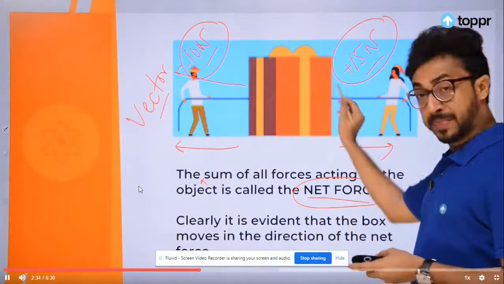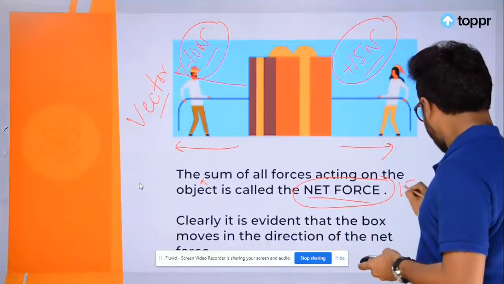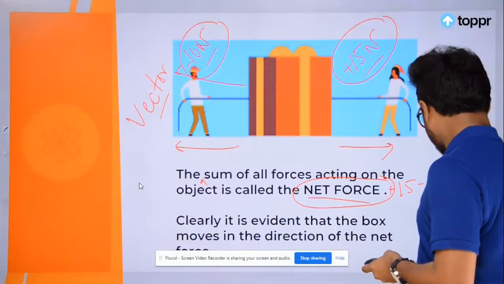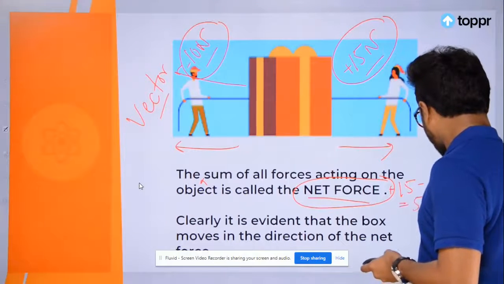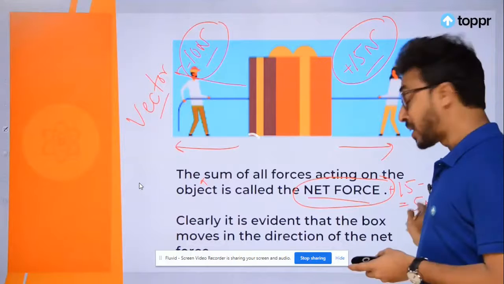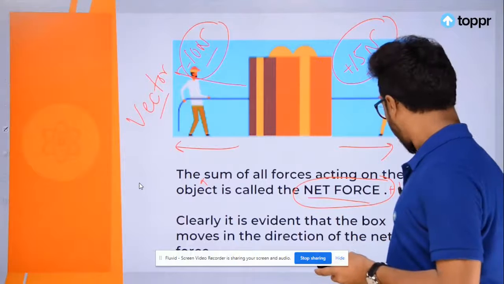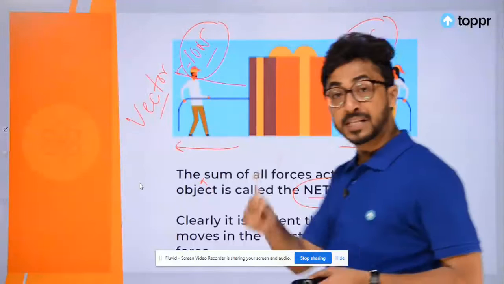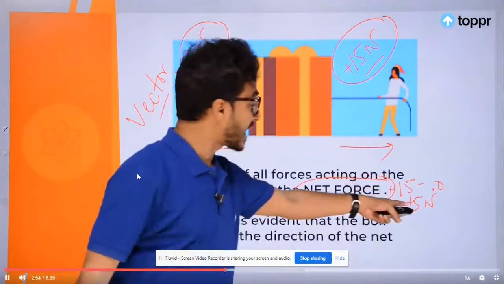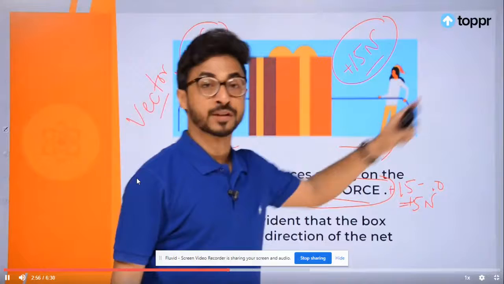So in this case, the net force will be 15 minus 10, that is 5 Newton. So 5 Newton is the value, and what is the sign? That is plus. Now this plus sign signifies the box will move in this positive direction.